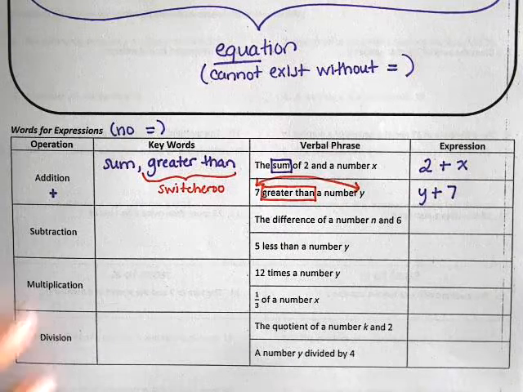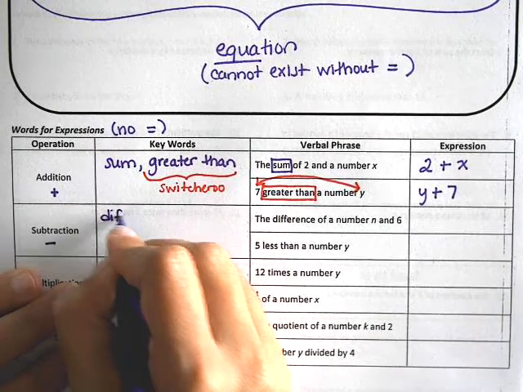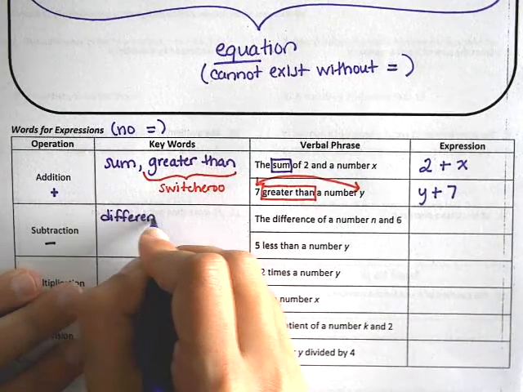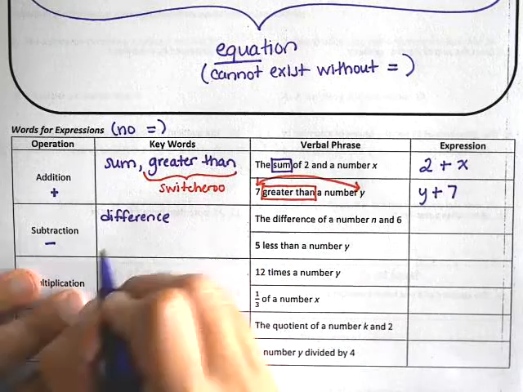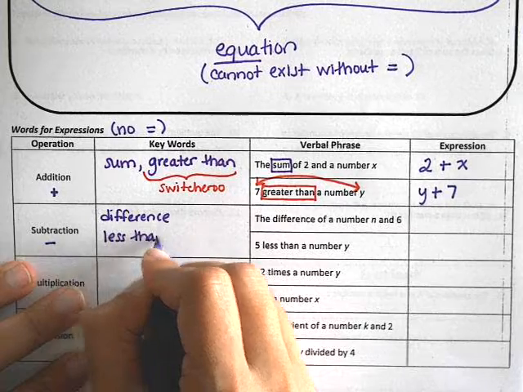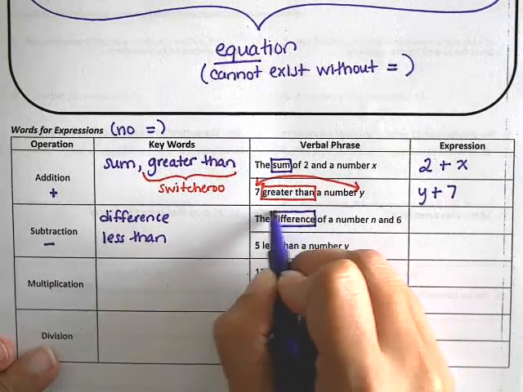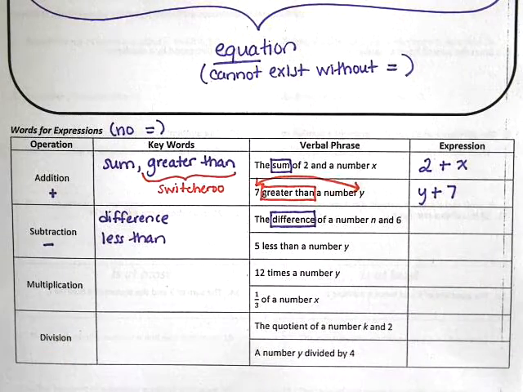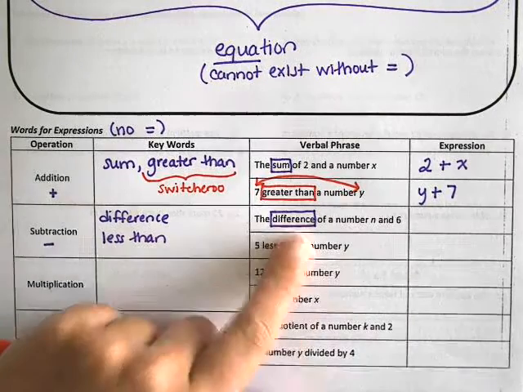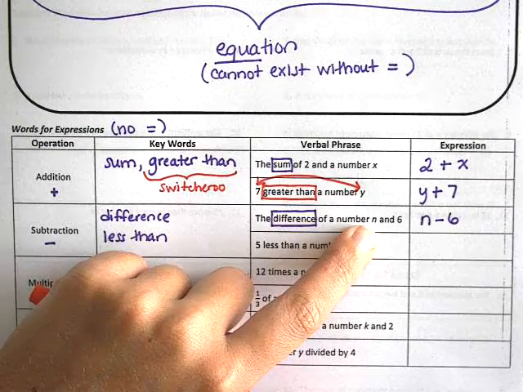Now, subtraction. What are some words that mean subtraction? The first word that comes up a lot is the word difference. The second phrase that comes up a lot is the phrase less than. So here's an example. The difference of a number n and 6. The word difference means this is a subtraction problem, so I would write n minus 6.